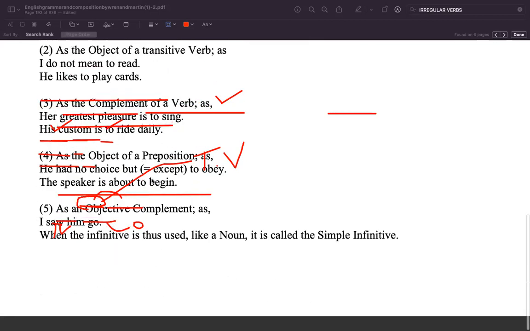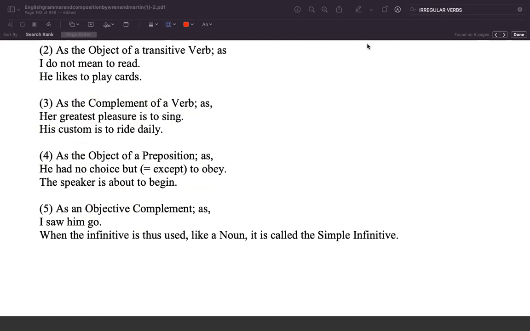So the two things we learn about the infinitive: the first is that it can be used as a subject of the verb, and we took 3 examples. The second is that it is the object of the transitive verb, right? So it gives the question's answer: I do not mean what? He likes what?